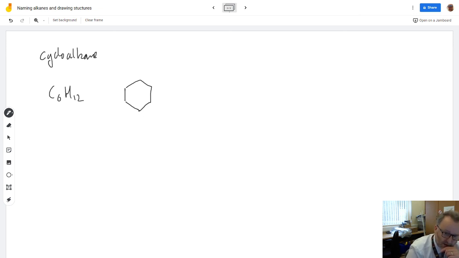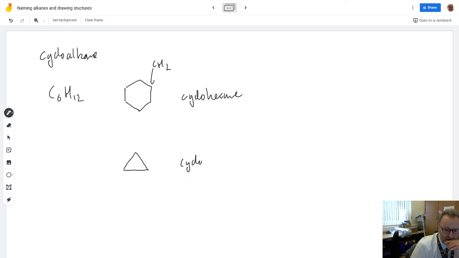Okay, and each one of these points here represents CH2, so that would be cyclohexane. And then you can have others. You can go all the way down to, that's really badly drawn. It's meant to be a regular triangle. This one is the smallest one you got, because to make a ring you're going to have at least 3 bits to it. So this one is cyclopropane. Okay, and you can have anything in between or higher than cyclohexane as well.